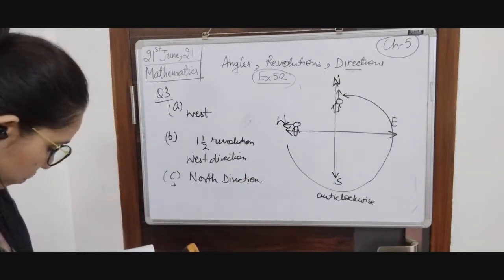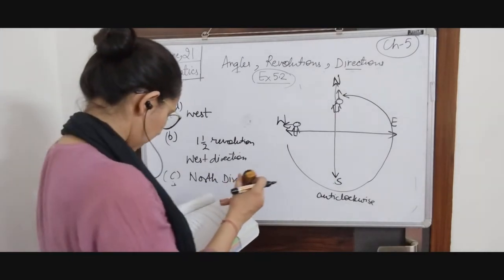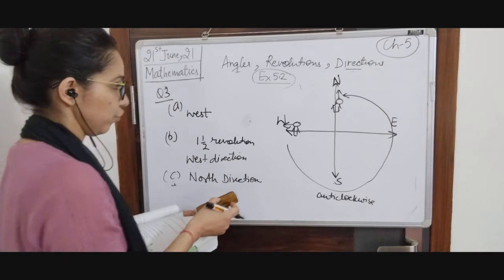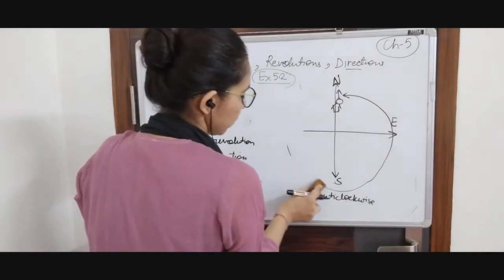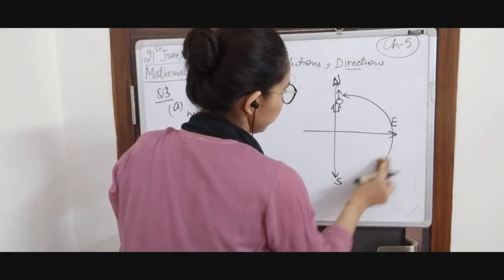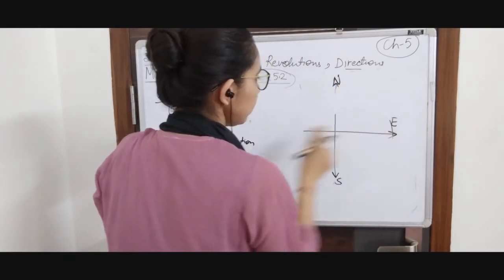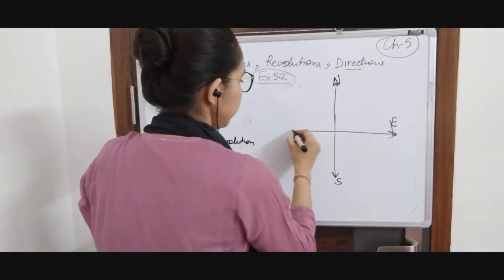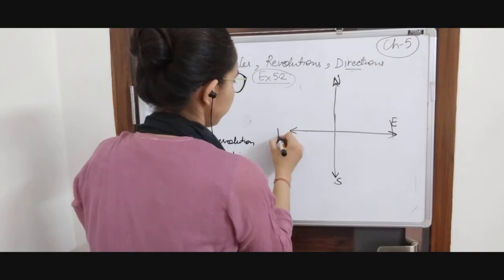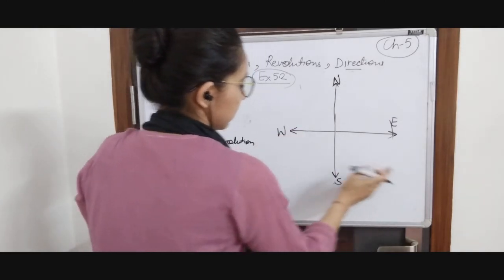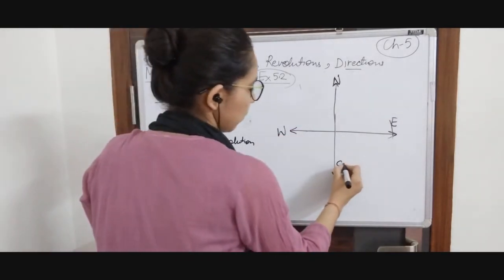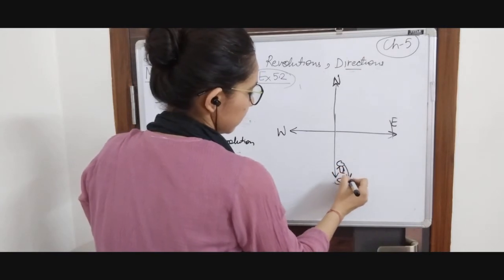Similarly, we can do D part, south, and make 1 full revolution. He is in the south and he is making 1 full revolution. Every direction question you have to make this figure. He is facing south.